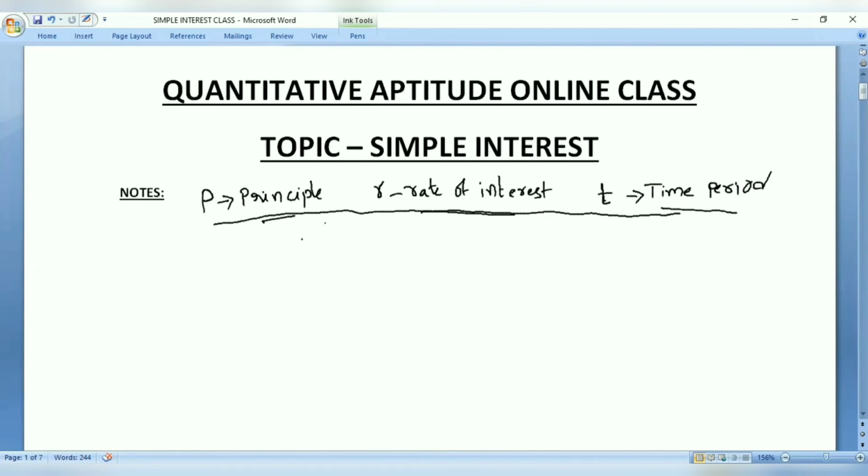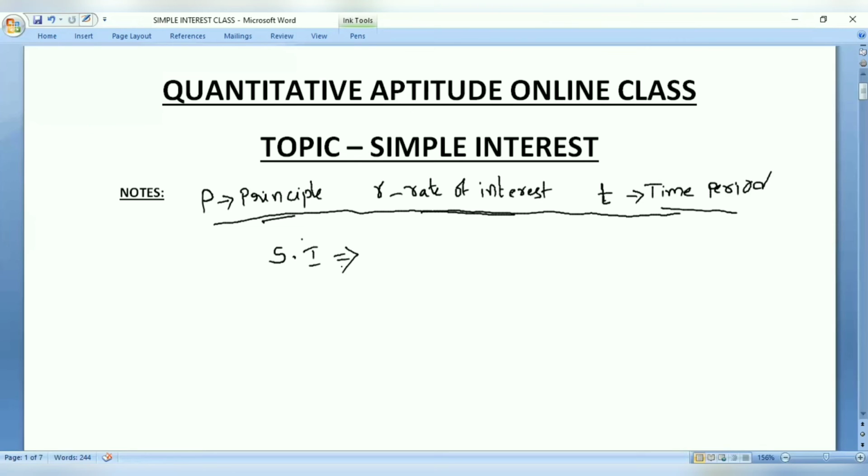Okay, so let us first answer what is the formula for simple interest. Before we start writing the formula, let us understand the meaning of simple interest. For example, you have deposited 100 rupees in a bank account, and the bank has promised you that they will pay 4% interest on the savings account for 2 years at simple interest.